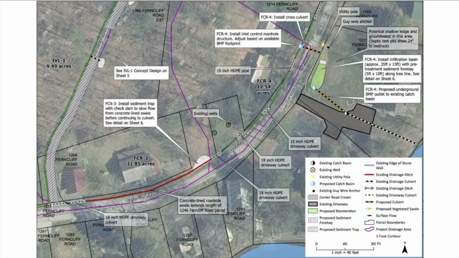So this basin would be sized appropriately to receive only the volume that would be siphoned off the road, off of the ditch. And then, of course, all the pipes that would connect down, we'd need to make sure that they could accommodate that flow as well as any other flow coming in directly from the driveway or the area around the house.